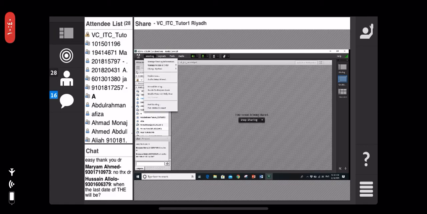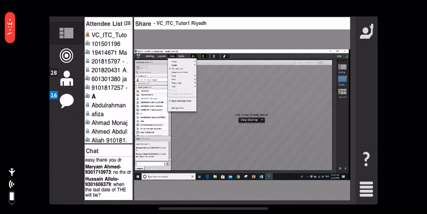Managing layouts. Change layout. This list.